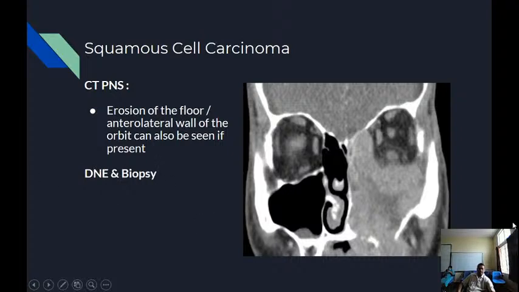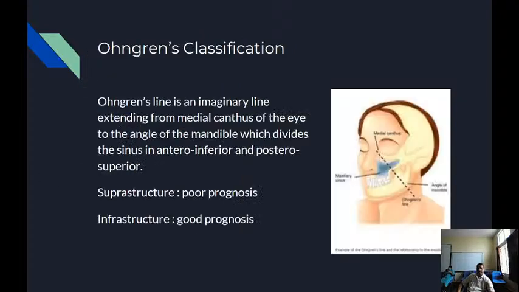Once the diagnosis is made, then you have these classifications. These classifications help you to understand the prognosis, in the sense of how the tumor behaves. So Ohngren described a line drawn from the medial canthus to the angle of the mandible.